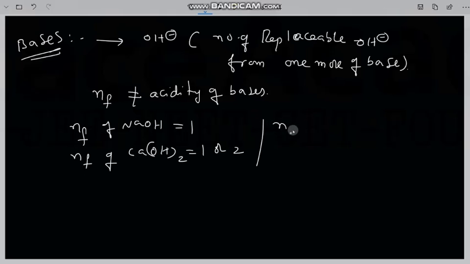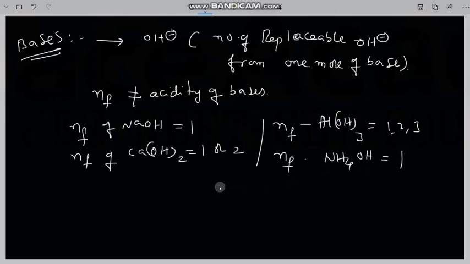Like that, if we want to calculate the n factor value for aluminum hydroxide, then that may be 1 or 2 or 3 depending on the equation. Like that, the n factor of ammonium hydroxide is a very simple case. It can give only one OH minus ion in the solution. So this is it for bases.